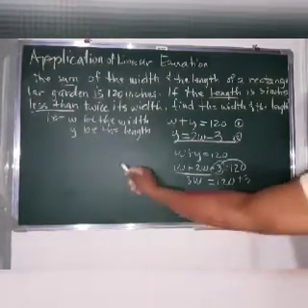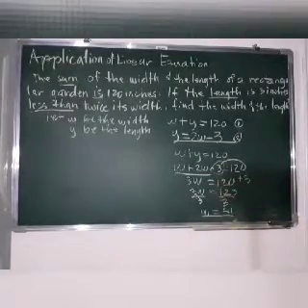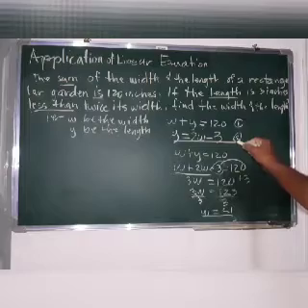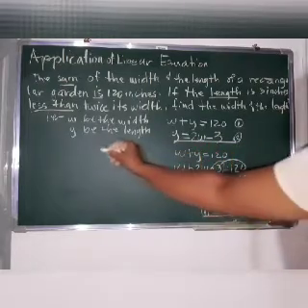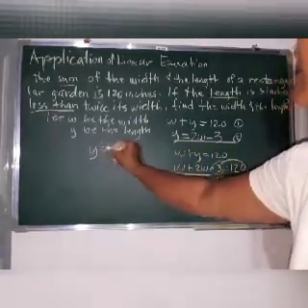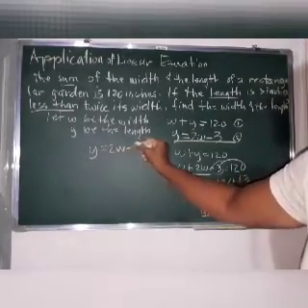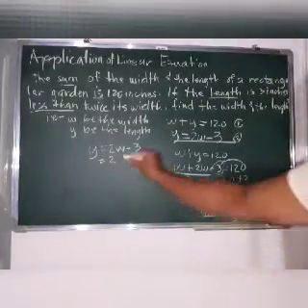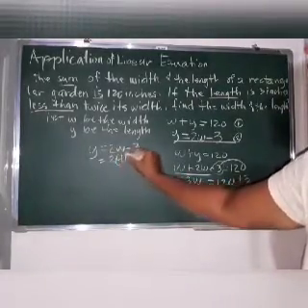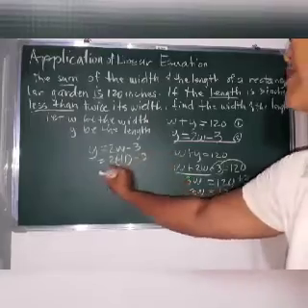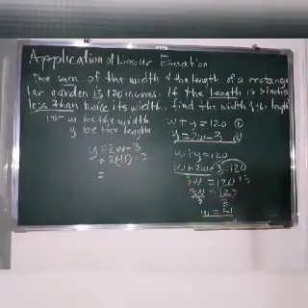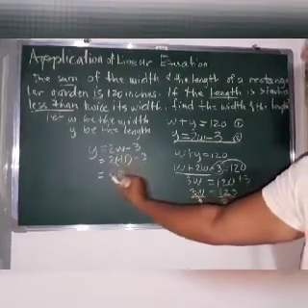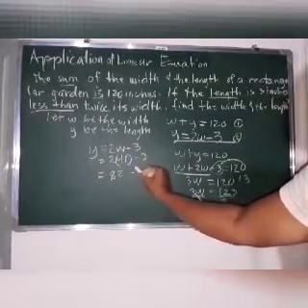Next, let's get the length, or y, I should say. We will use equation number 2 since y is already isolated. So, y is equal to 2w minus 3. Then y is equal to 2 times our w, which is 41, minus 3. So, 2 times 41 is 82. Minus 3.